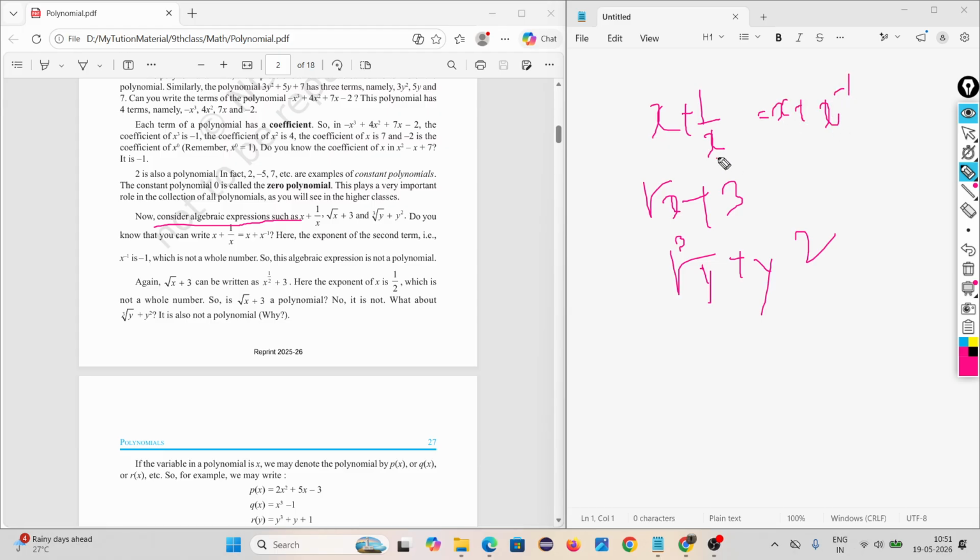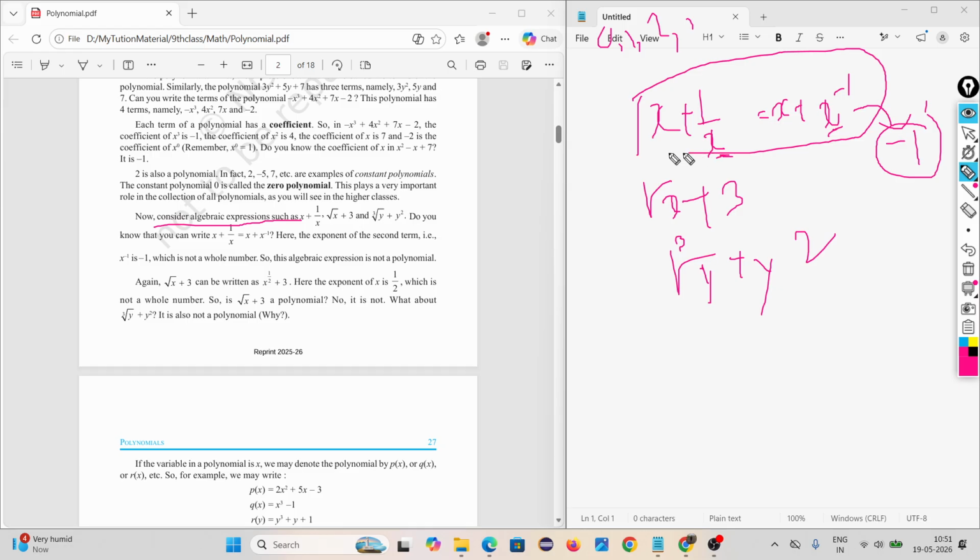Remember, don't keep a variable in the denominator. Here the exponent of the second term, x inverse, is minus 1. Minus 1 is not a whole number. Whole numbers should start from 0, na? So that's why this algebraic expression is not a polynomial.